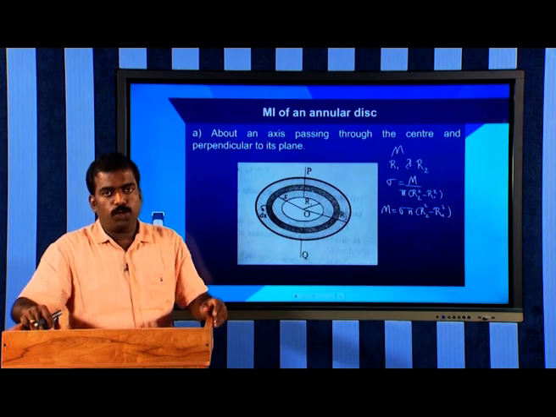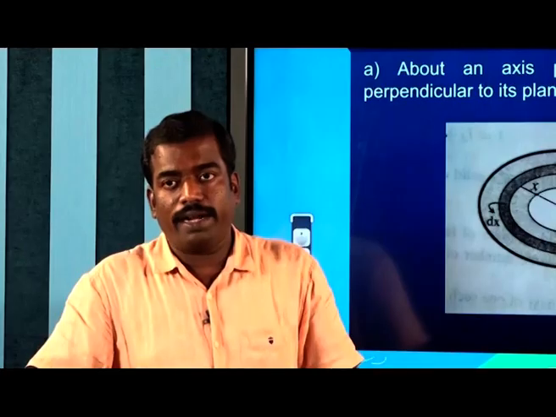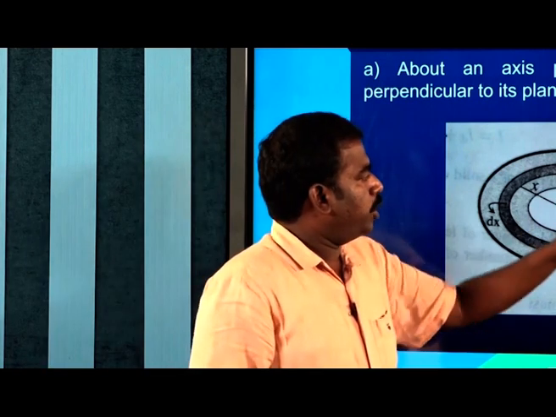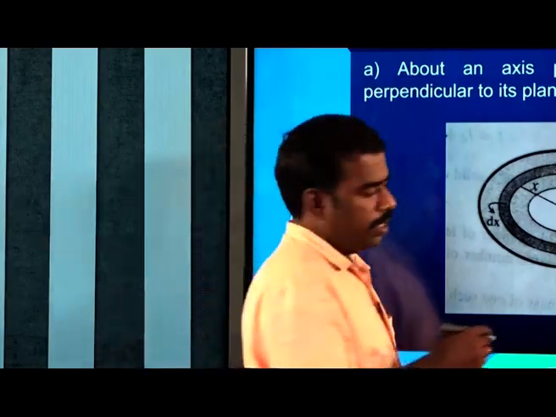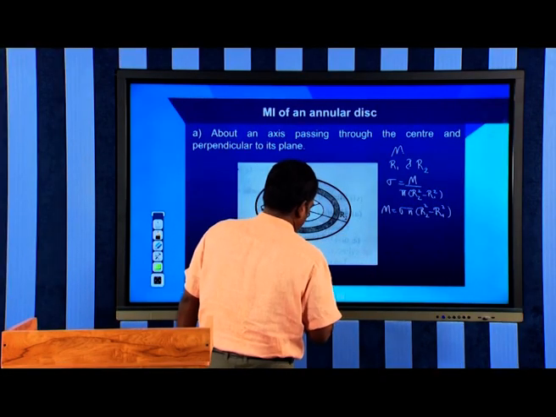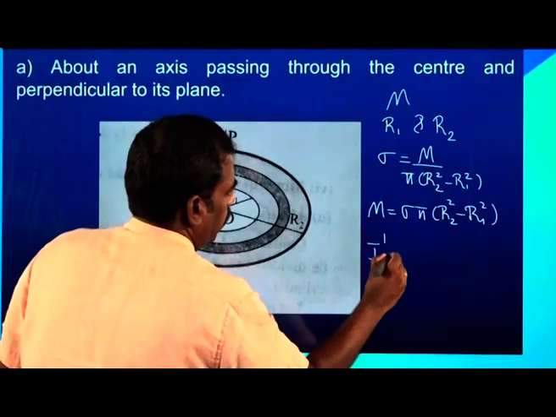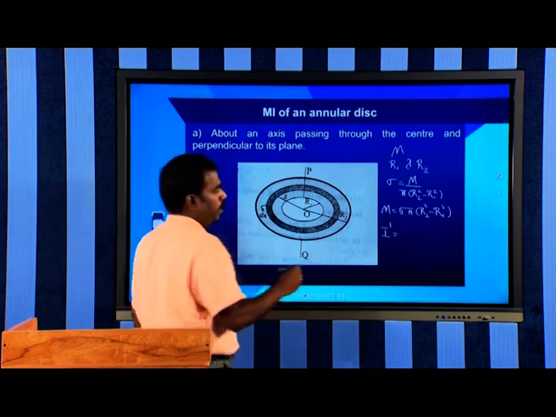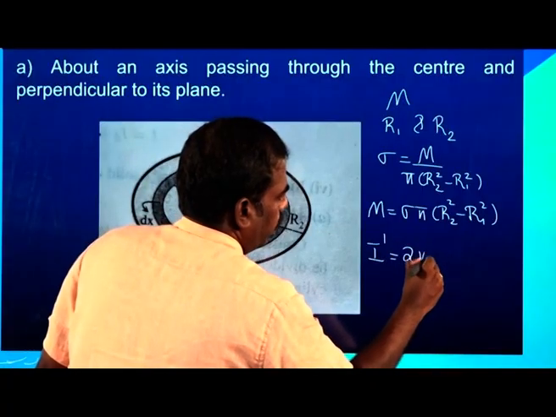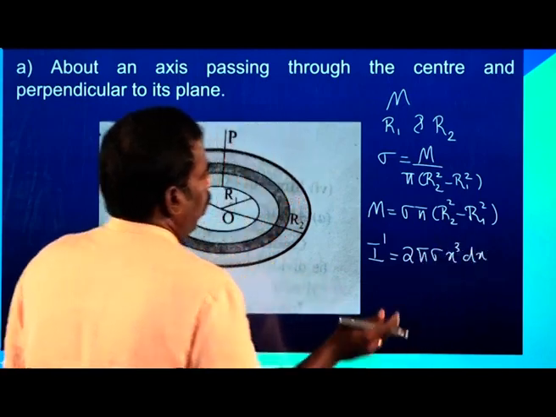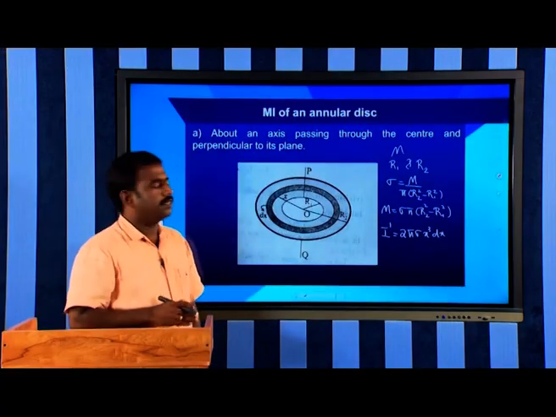So, the moment of inertia of the ring about the axis PQ is given by I dash, with the same formula we obtained in the previous case: 2 pi sigma x cube dx. This is what we obtained in the earlier case of the circular disc also.